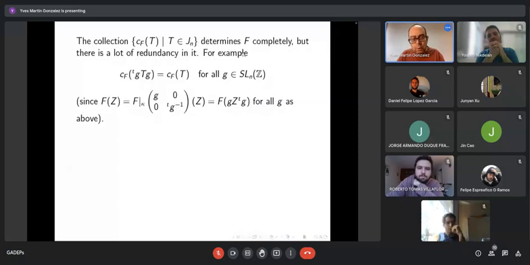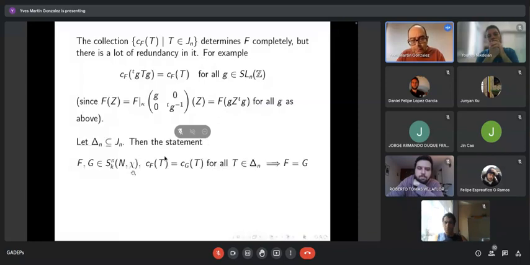You have two cusp forms of weight k, integral weight k, over Gamma_0(N), with small n, character chi. And this set Delta_n is good if you know that if the Fourier coefficients of these two Siegel forms are the same at all T's in this subset, then they have to be the same.